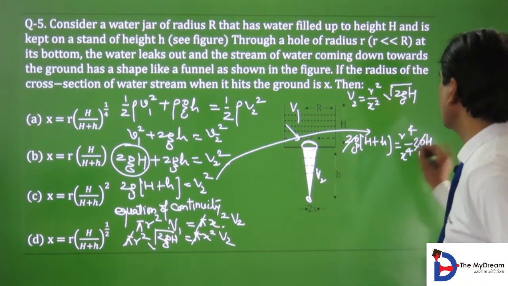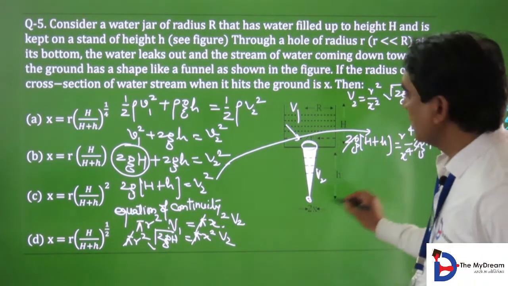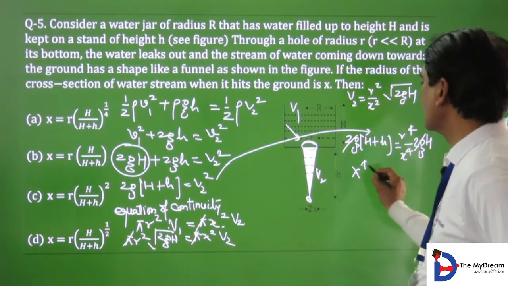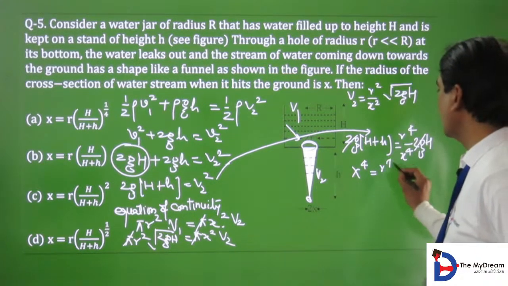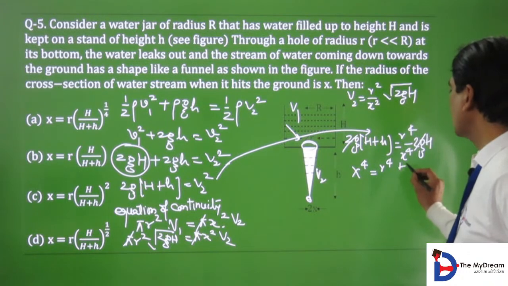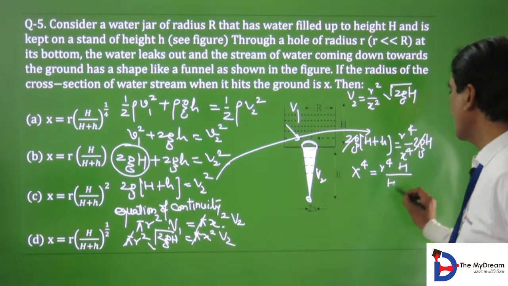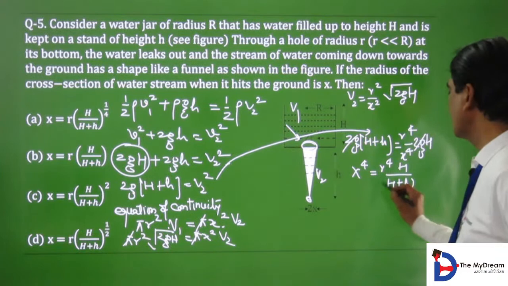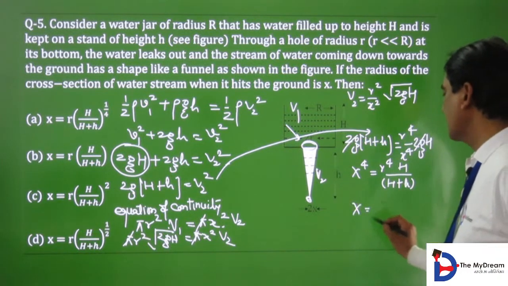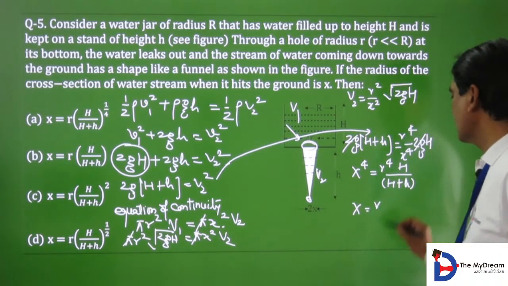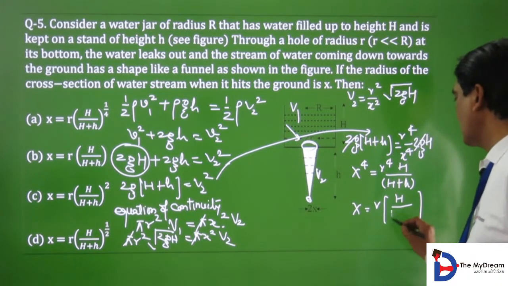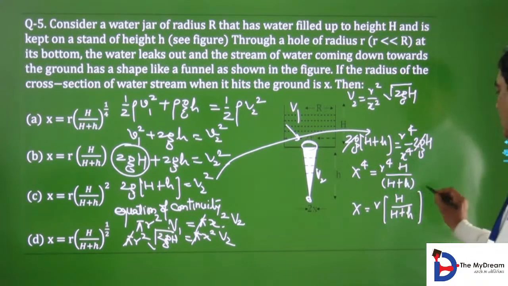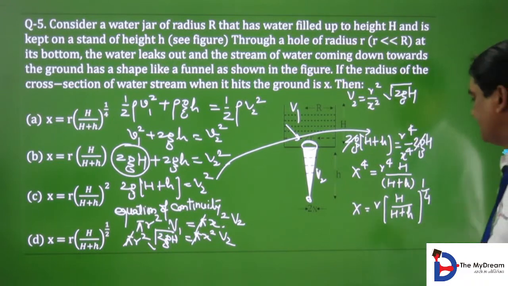You want to know x raised to power 4, r raised to power 4, h divided by capital H plus small h, fourth root.